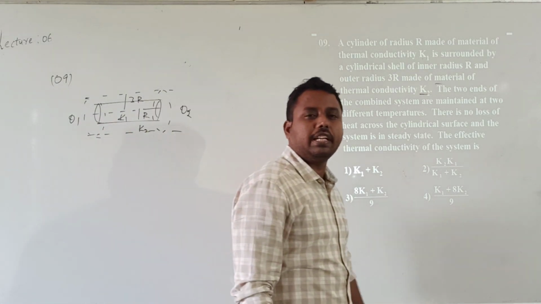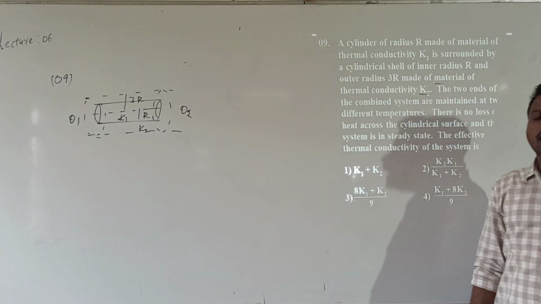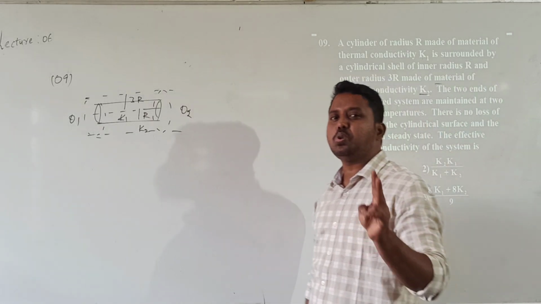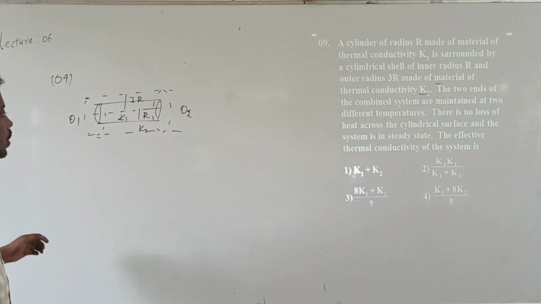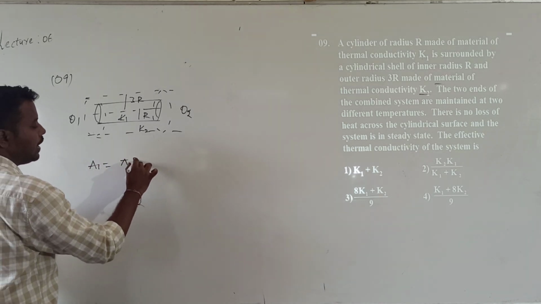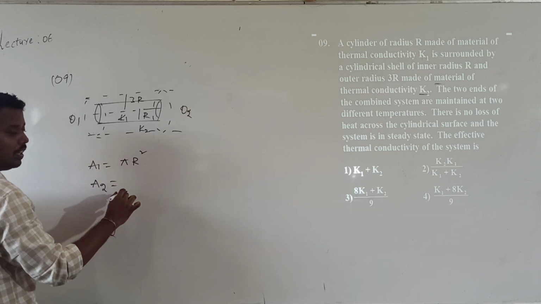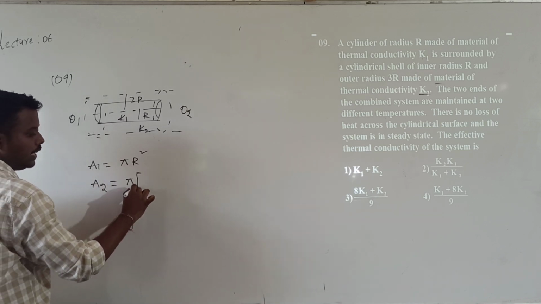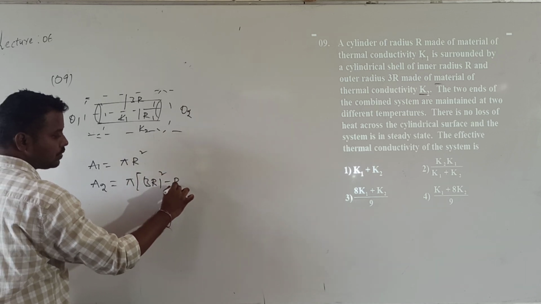The first point you should get is whether it is a series combination or a parallel combination. It is a combination of two rods with two different thermal conductivities and two different areas. What is the area of cross section of the inner one? A value is pi r square. And what is the area of cross section of the outer one? Outer one area is pi into 3r whole square minus r square.